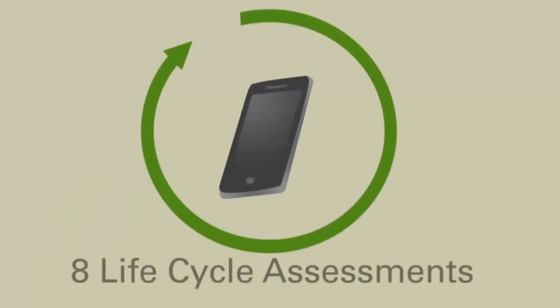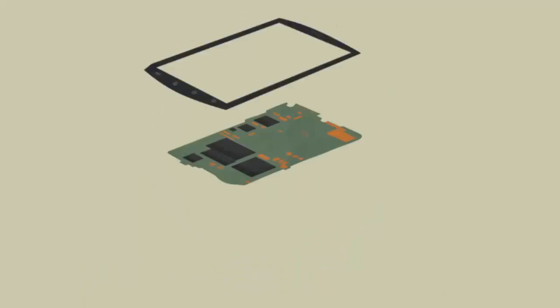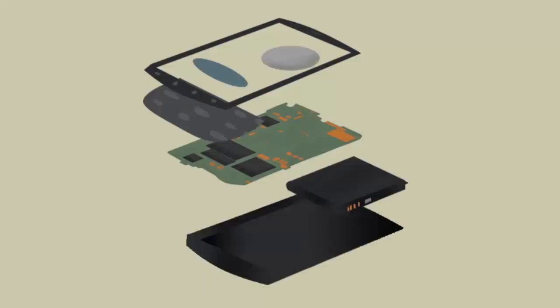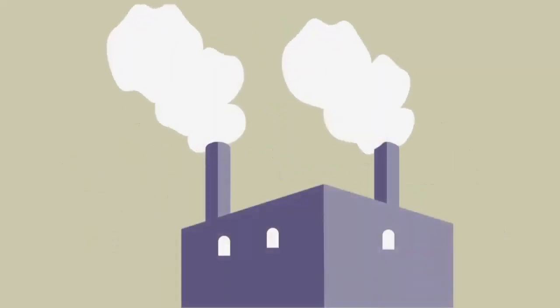Mobile phones have 8 life cycle assessments, one for each component. These include the printed circuit board, the display, the battery, the keypad, the microphone, the speaker, the plastic casing, and any accessories. Now we're at the manufacturing stage of the life cycle assessment. Mobile phones made in factories require a great deal of energy to create.